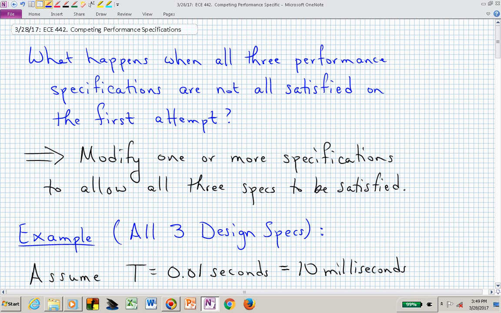And it's probably easiest to understand this concept by looking at an example, where this example will now impose all three design specifications to try to find complex pole pairs that satisfy the three specs.